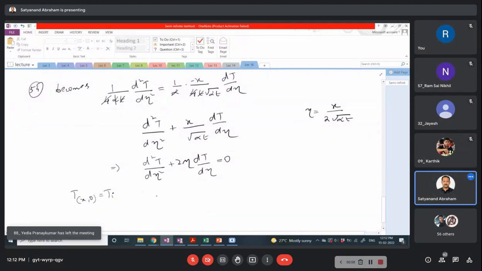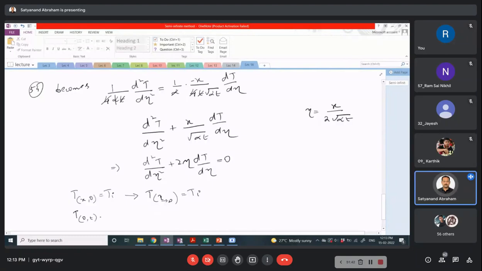At t is equal to 0, η tends to infinity. Yes, very good. So we can write this as T of η tends to infinity. Any other terms coming? Only one term, right? Earlier we had x comma 0 because there were two terms, but here we have only one. Therefore T at η tends to infinity is equal to Ti.